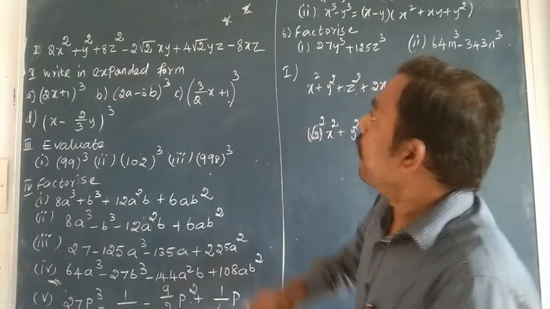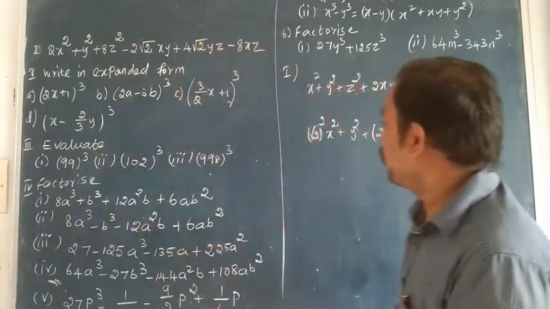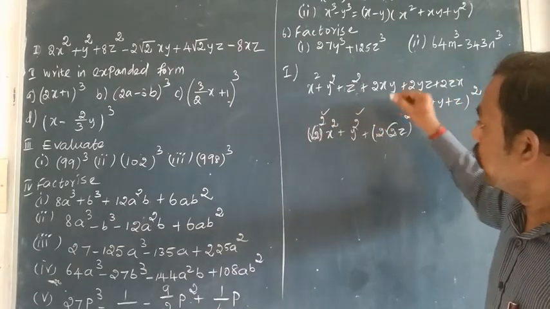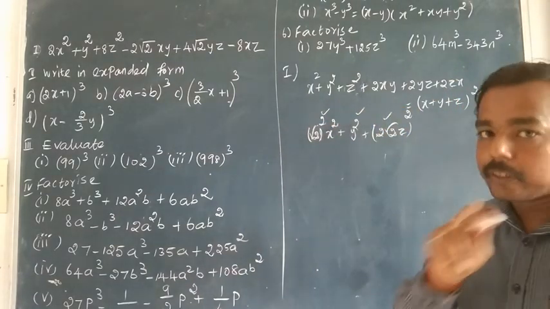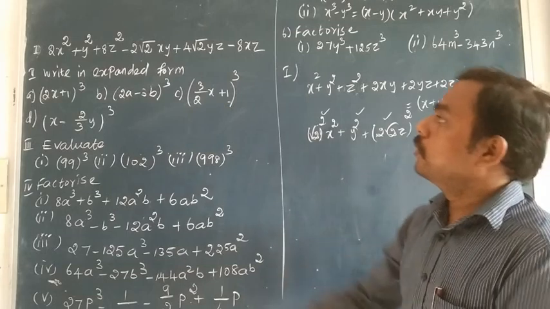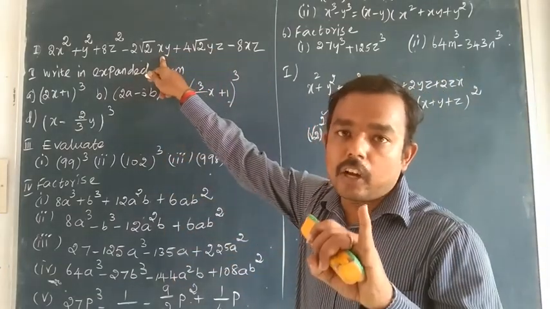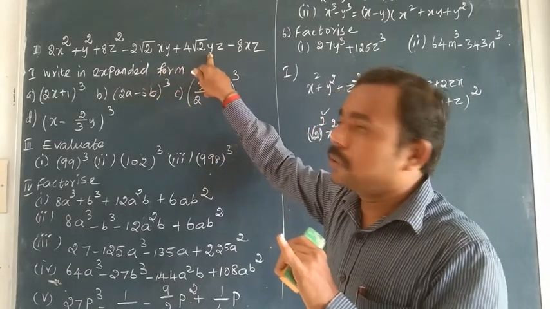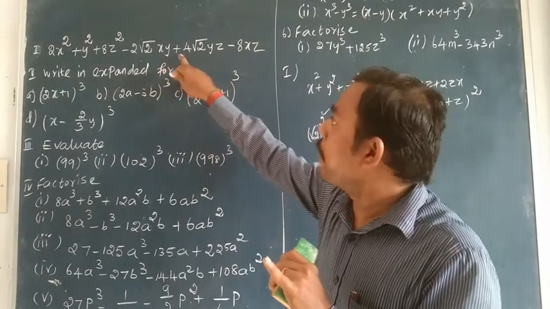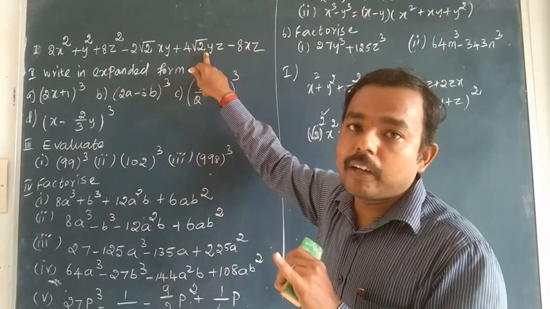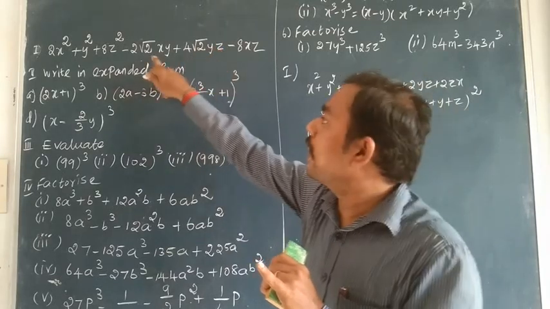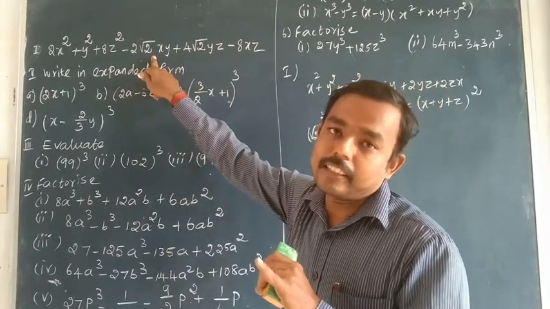So where it is negative, in the first one, second one or third one, where do we want to put the negative sign using the last three terms? Here x into y, so definitely x or y should be negative. Then come to yz. Y and z both positive, so definitely y is positive, z is positive. So here x is negative, choose like that.